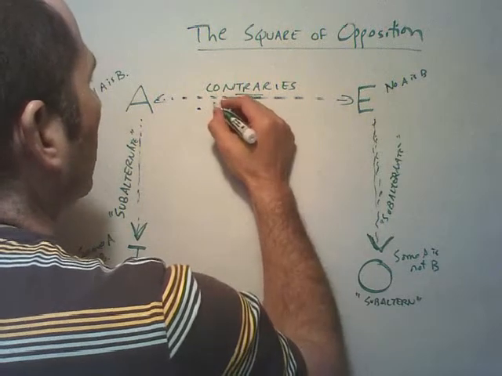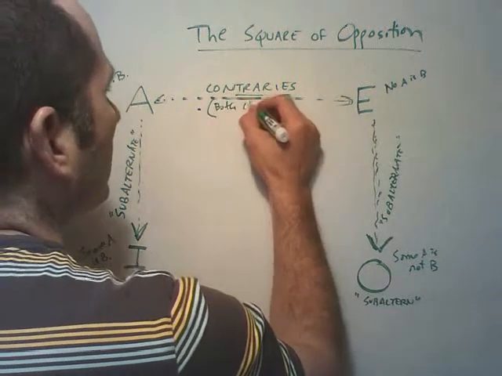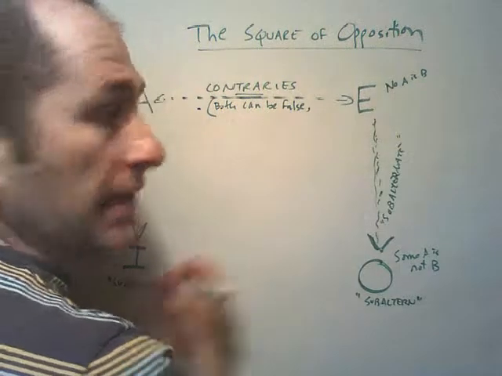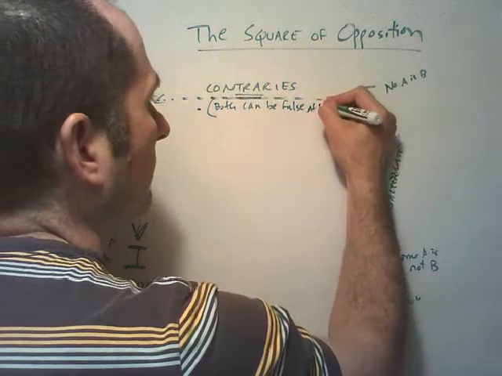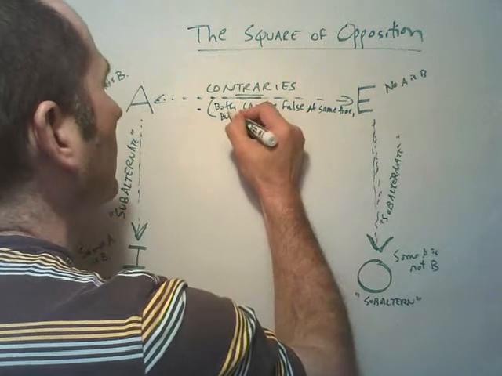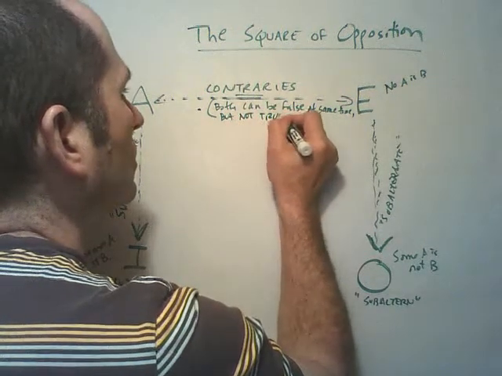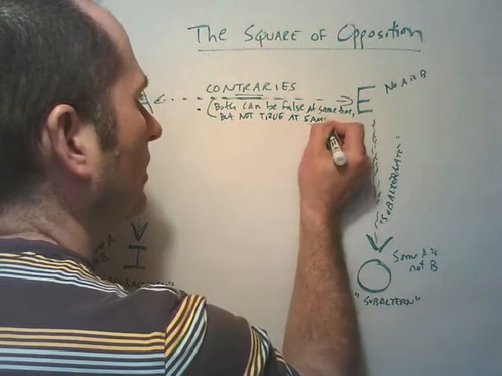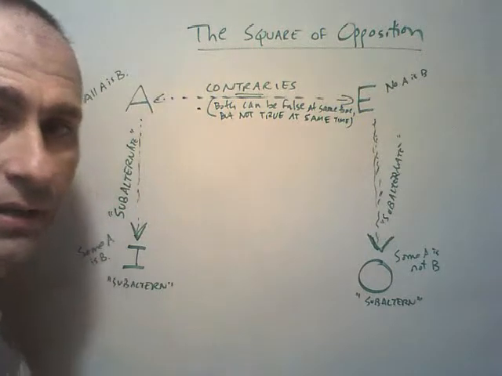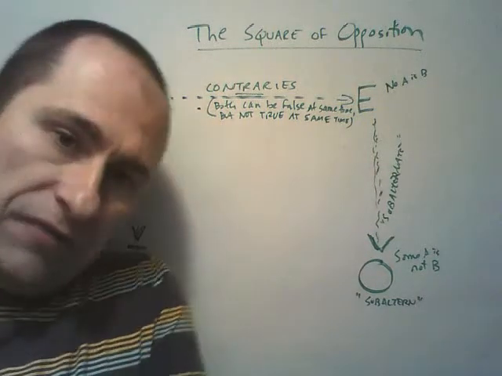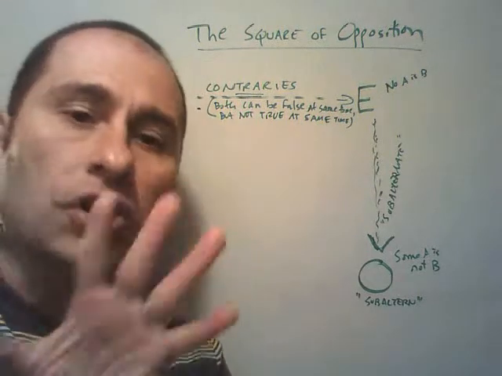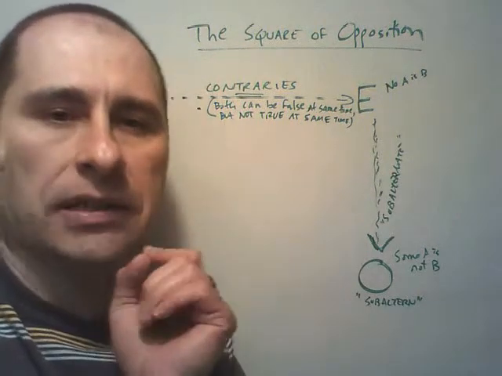Both can be false at the same time, but not true at the same time. So the interesting thing about contraries is, I'm just going to repeat what I wrote: they both can be false at the same time, but they can't be true at the same time.